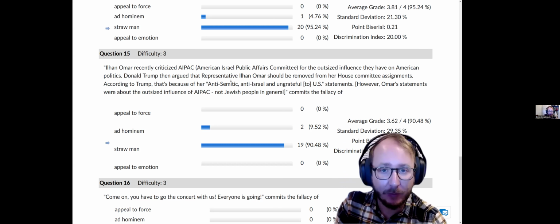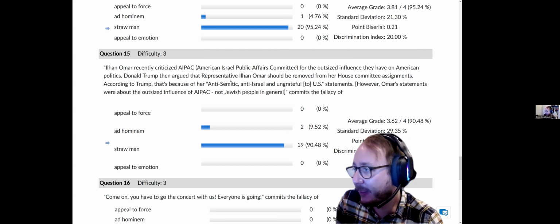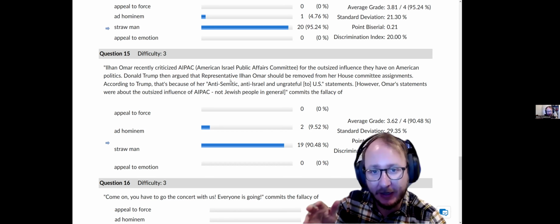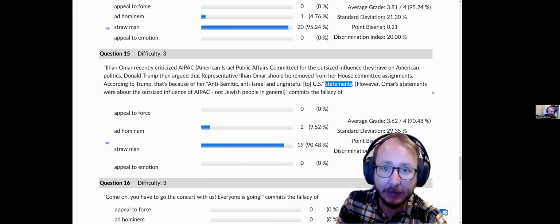To say somebody's a racist or an anti-Semite, though, could be just by itself a direct indictment of their character, to the extent that you think racism is a bad character trait to have, right? So it might be a little tricky to distinguish these. The key thing here, though, is that he's talking about her statements.